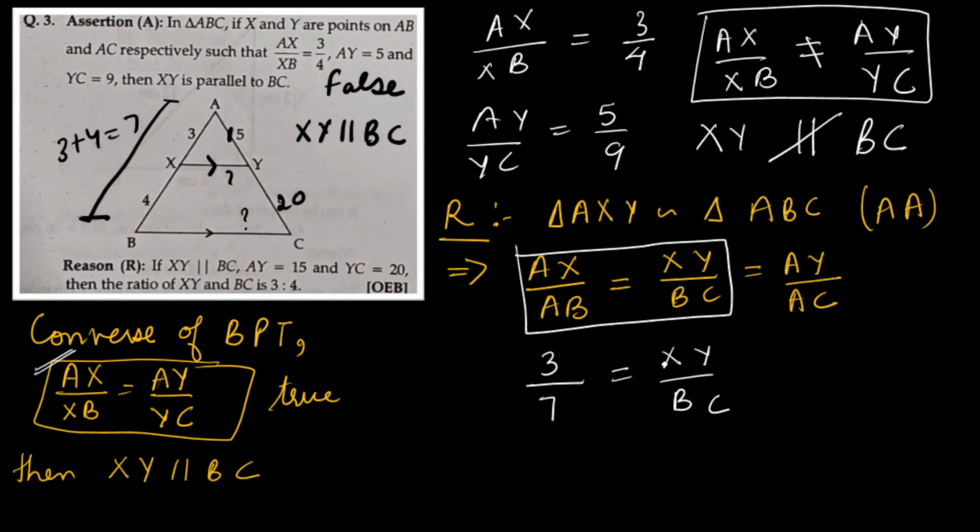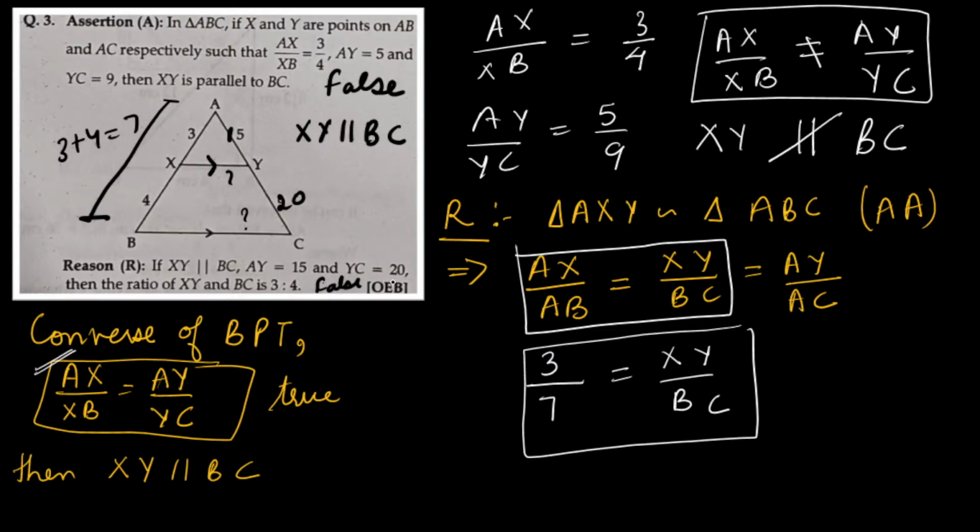We are getting the ratio of XY to BC as 3 to 7. But they have mentioned the ratio of XY to BC is 3 to 4. The mentioned ratio is 3 to 4, but the ratio which we are getting is 3 to 7. So the ratio is not the same. So this is also false.